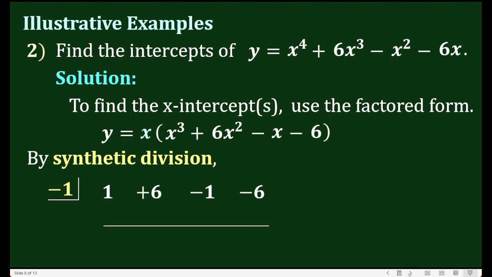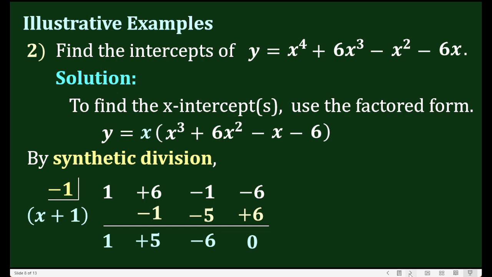Then we do the process of synthetic division, so we bring down 1. 1 times negative 1 is negative 1. 6 plus negative 1 is positive 5. Positive 5 times negative 1 is negative 5. Negative 1 plus negative 5 is negative 6. Negative 6 times negative 1 is plus 6. Then bring down 0. So therefore, we have just obtained one of the zeros, or the x-intercepts, which is negative 1.